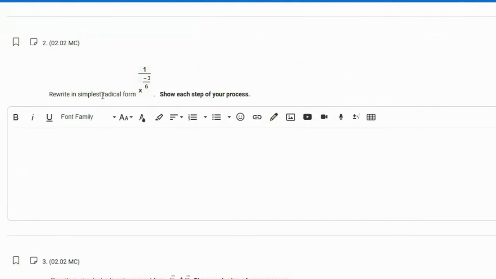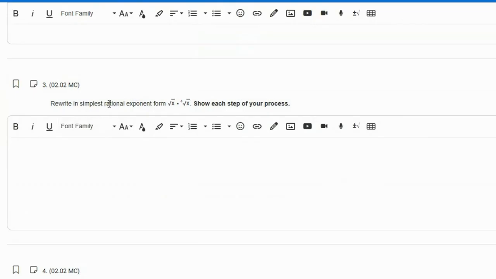Rewrite this in, pay attention, this is where it'll get you, simplest radical form. So our final answer should have a radical in it, should not be a fraction exponent. So make that a positive exponent first, convert it to a radical, and simplify it.